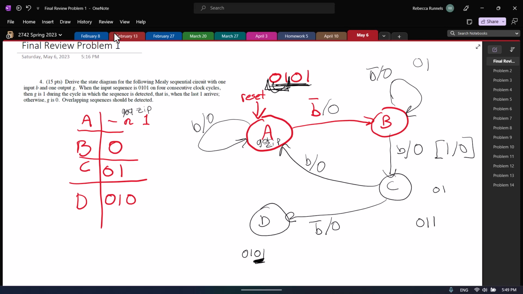So I don't have to go all the way back to the beginning. I can go back to B. So if I get a 1, that's a B/1. Wait, that was not B, that would have been C, right? C is 0, 1, yeah.